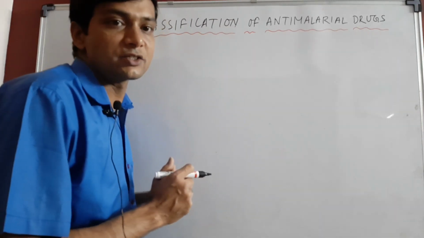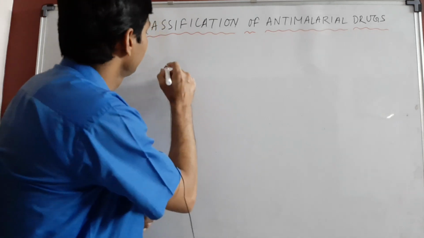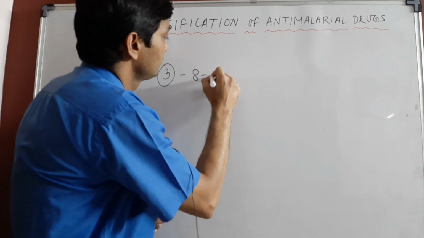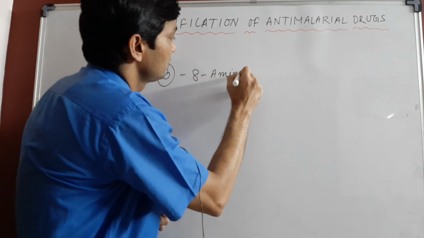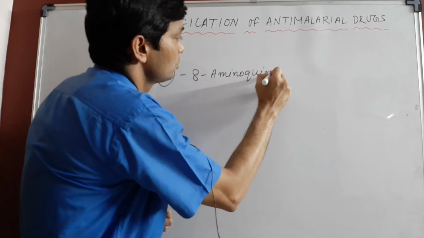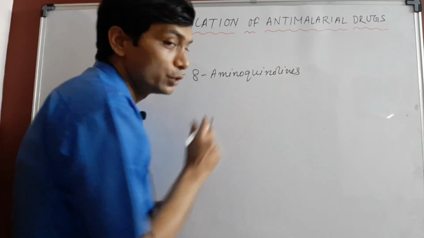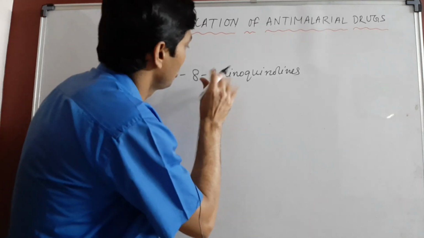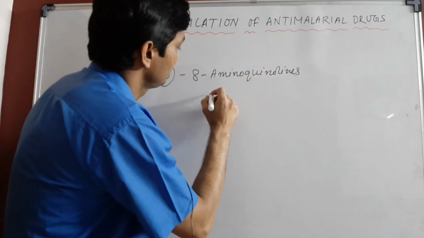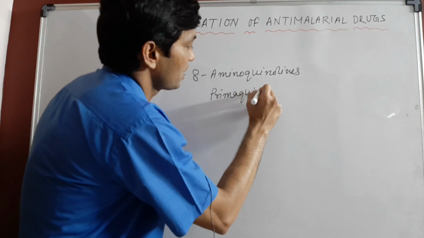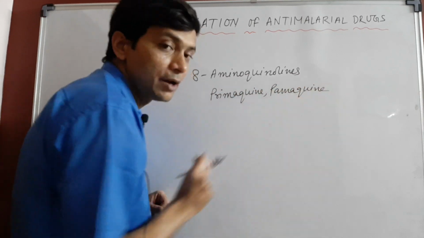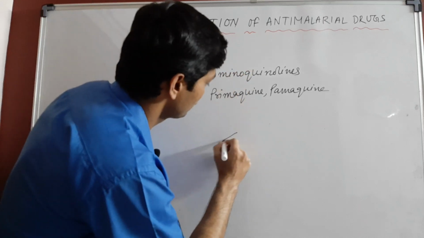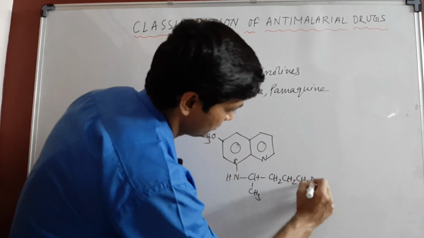The next important class of antimalarial agents is the 8-aminoquinolines, and examples of this class of drugs are primaquine and pamaquine. This is the general structure of 8-aminoquinoline.